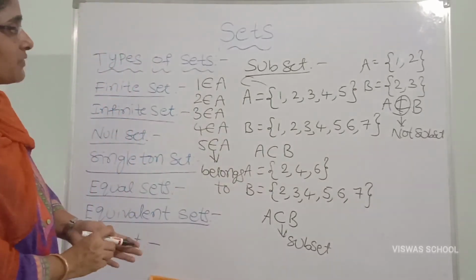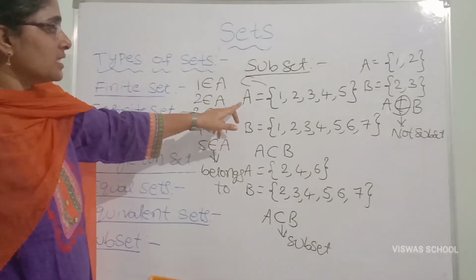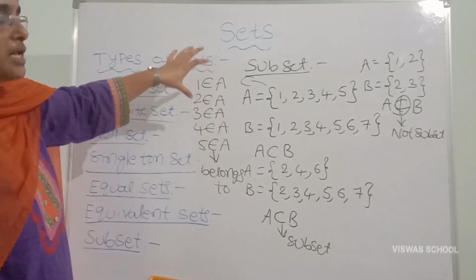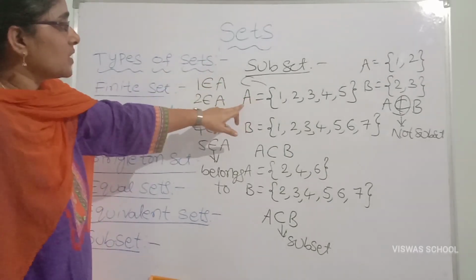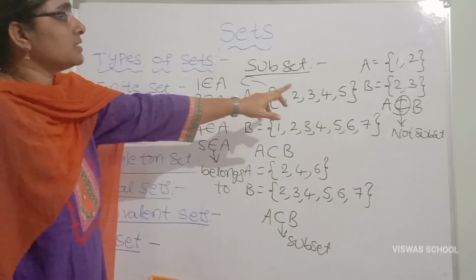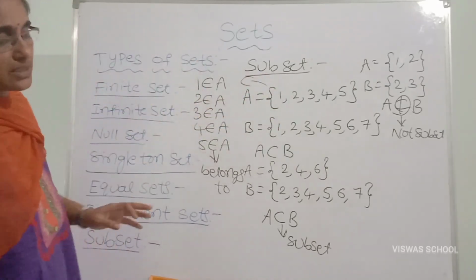That is, if the elements are in these sets, then we say it belongs to A. 1 is in set A, 2 is in set A, 3 is in set A, 4 is in set A, and 5 is in set A.